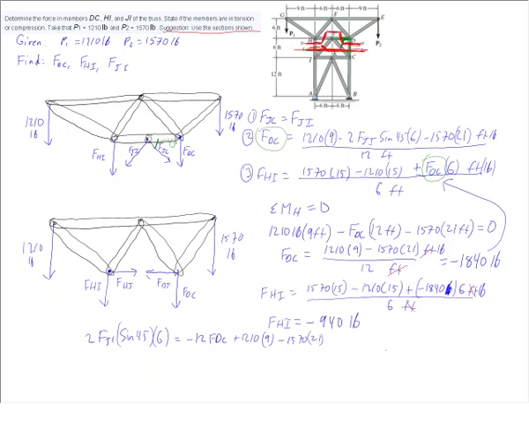Okay, now I can take that and divide by the 2 sine 45 times 6, or that's 12 sine 45. So FJI is going to be equal to negative 12 FDC plus 1210 times 9 minus 1570 times 21, all over 12 sine 45. Go ahead and solve that one. We plug in our FDC, which is negative 1840, and we get 0. FJI equals 0.